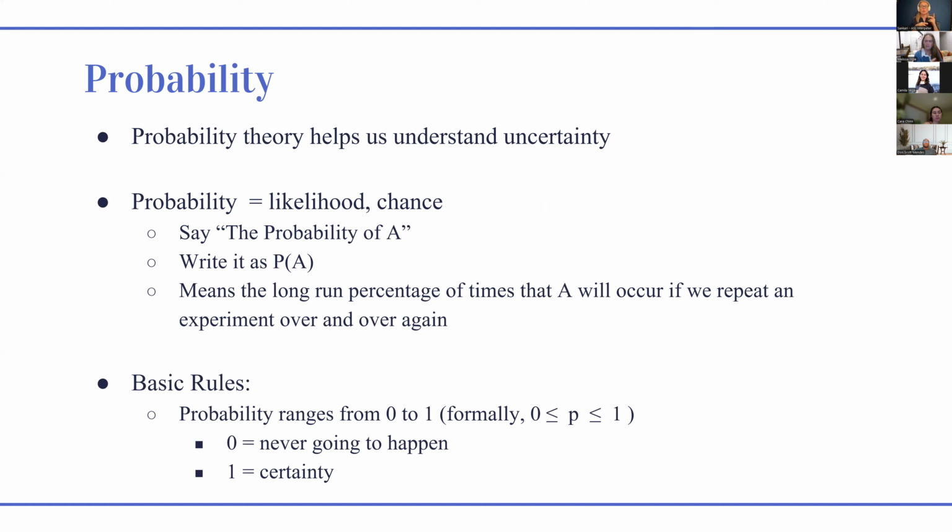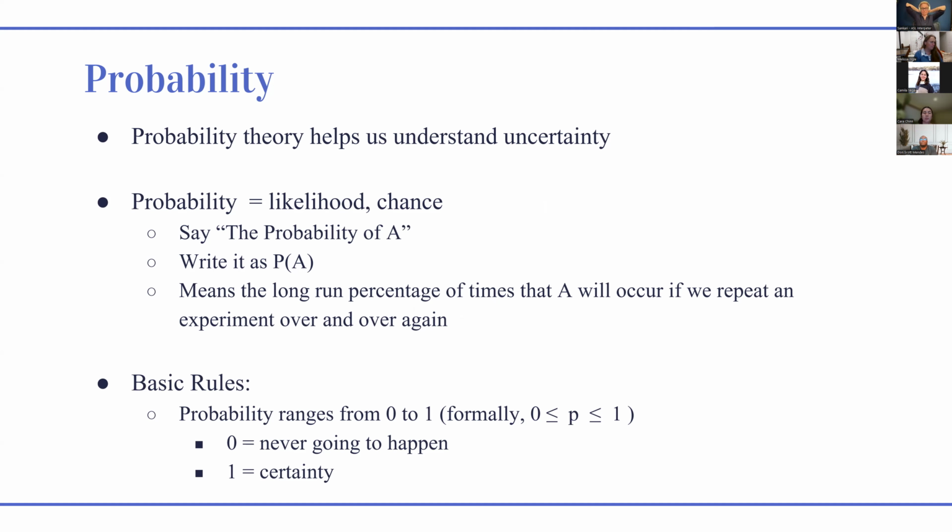Computer models can run tests 10,000 times in a second and give you a very solid estimate of how often something's going to happen. Even if there's a 95% chance that something's going to happen, that means 5 times out of 100 it's not. So again, it's the study of uncertainty. There's always uncertainty built in.